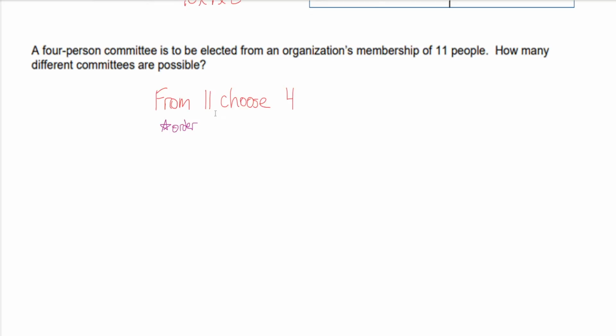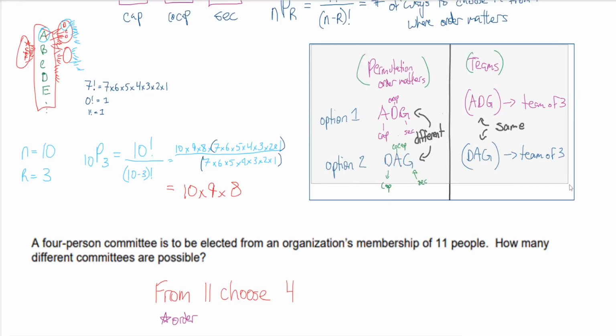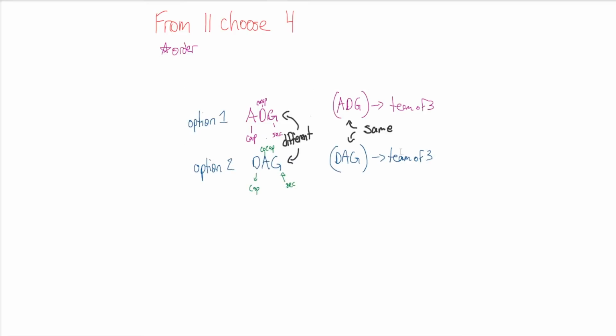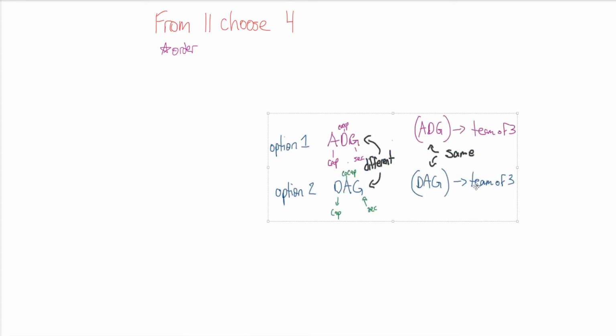Okay, so let's do the kind of test case, right? So what we're talking about here is somebody submitting the names forward of the people named A, B, C, D, E, F, G here.